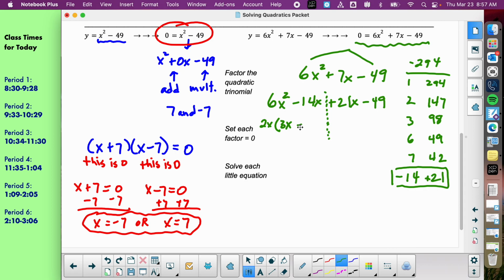Do you need remembering on that? Okay. This would become regular 7. On the right-hand side, 7 goes into both. Positive 7 does. And this will become 3x minus 7. Whew. Almost done.